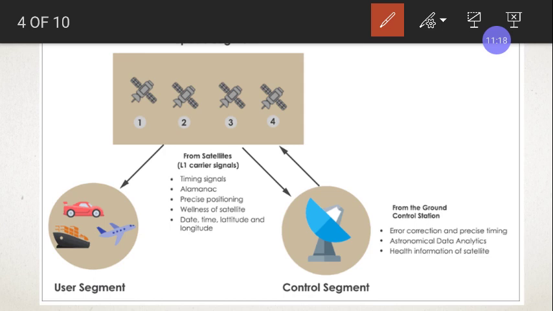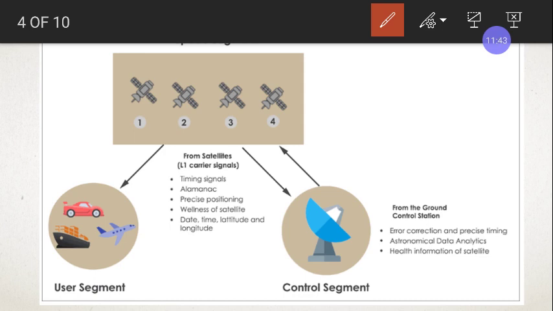As the user end receives the signal, in the same way the control segment also receives the signal from the satellite, and it will verify the health of the satellite. It will check whether the timings and the signals sent are correct or not. If there are any errors, it will rectify them by sending the signal again to the satellites to change their basic details.